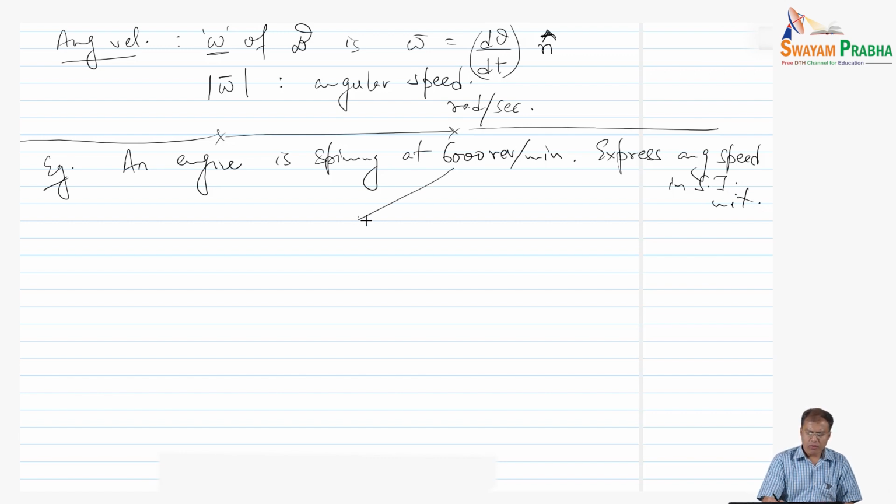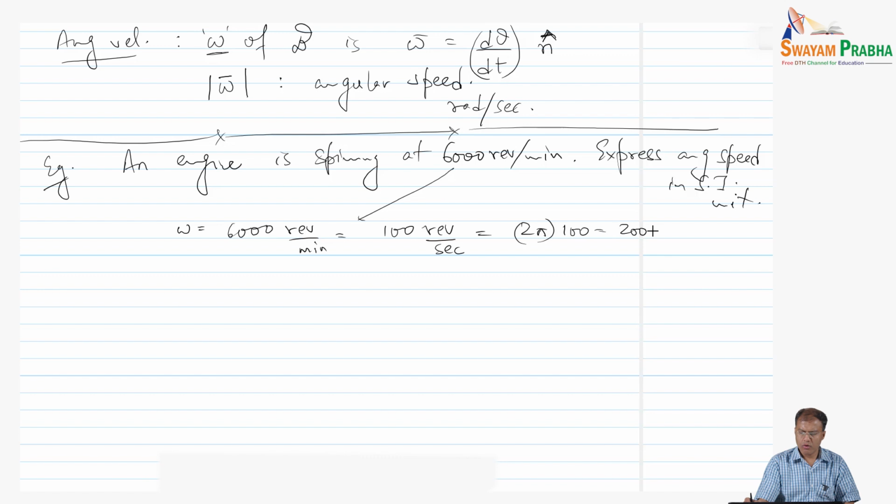Notice that omega, which is 6,000 revs per minute, is equal to 100 revs per second, right? And at every revolution, the particle is moving 2 pi radians. So this is equal to 2 pi times 100, which is 200 pi radians per second, and that's the answer in the SI unit. That's the end of this example.